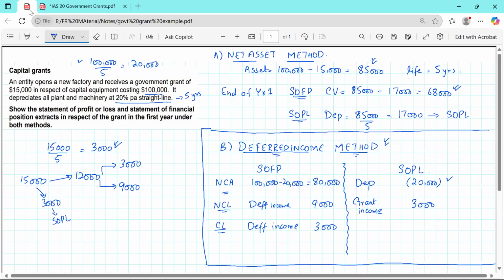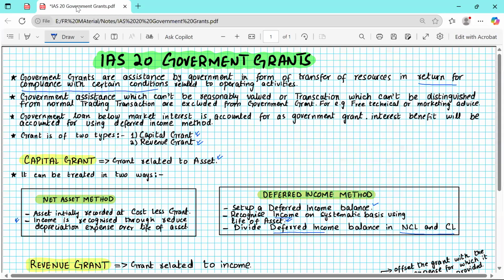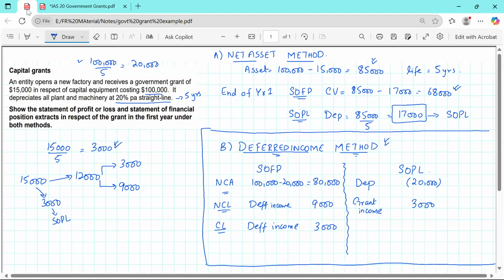But when you use the net asset method, what was your depreciation? 17,000. So your depreciation reduced by 3,000 in the net asset method. This is what is meant by the second point, that the income is recognized in the form of reduced expense in the net asset method.